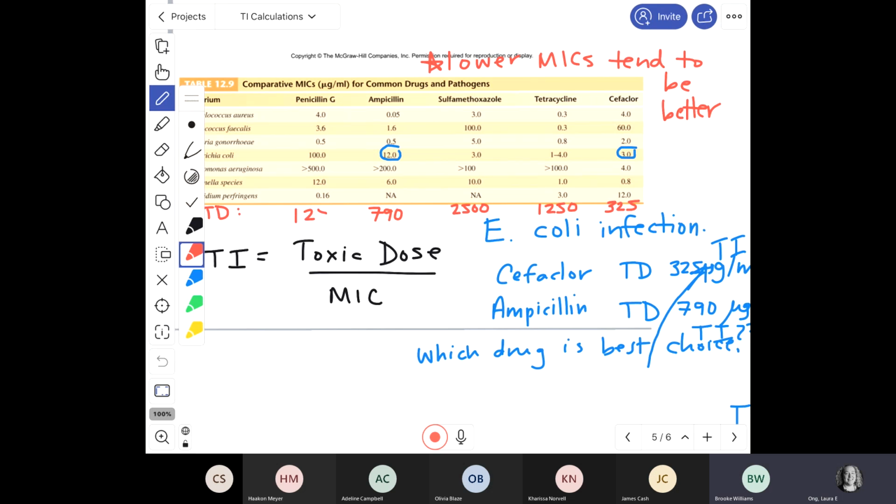Is this the same strain as the Escherichia coli, or is this a different one? So toxic dose doesn't depend on the strain. It's just how much of that drug in a person would be toxic to the person. The MIC number is going to change with the strain, but the toxic dose is just between the person and the drug, if that makes sense. Is that answering what you're asking?